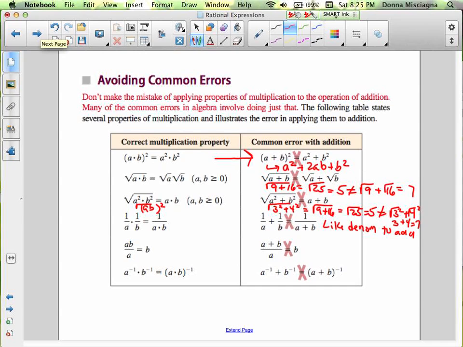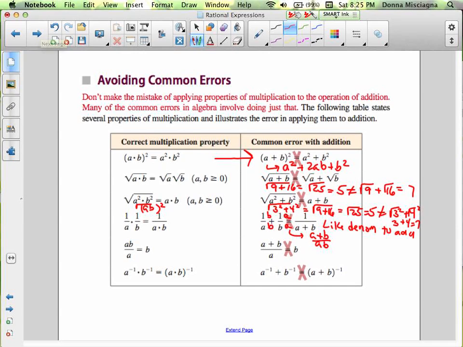It would be equal to, because I'd have to multiply the numerator and denominator in the first fraction by b, and the numerator and denominator in the second fraction by a, a plus b over ab. But a plus b over ab is not 1 over a plus b.